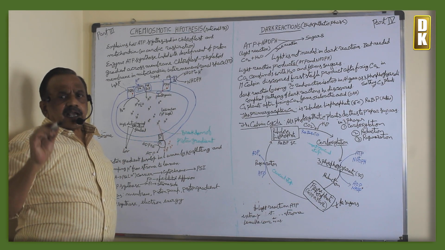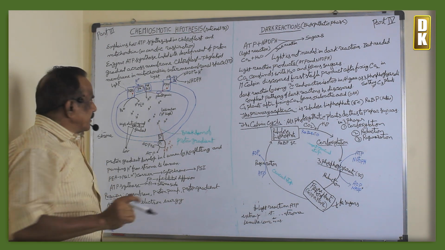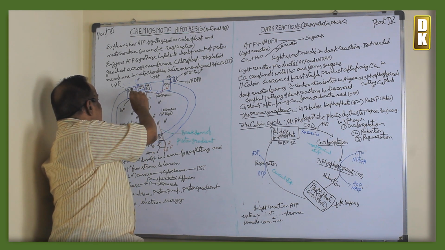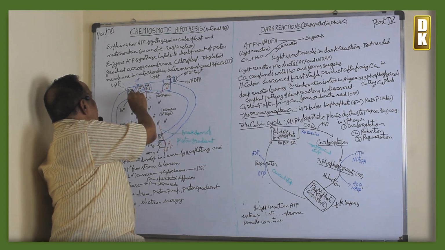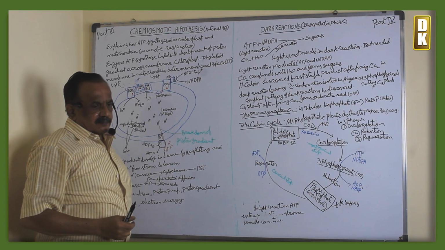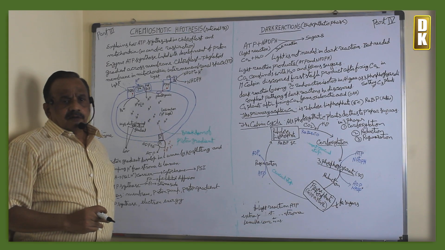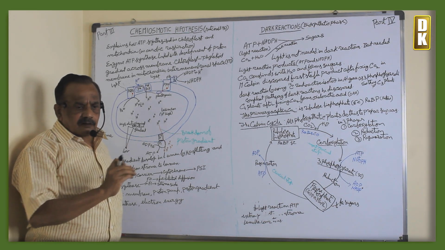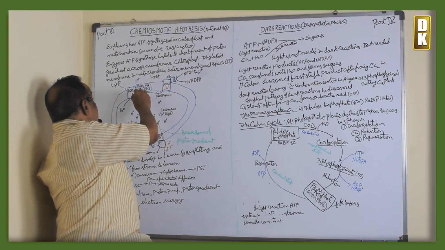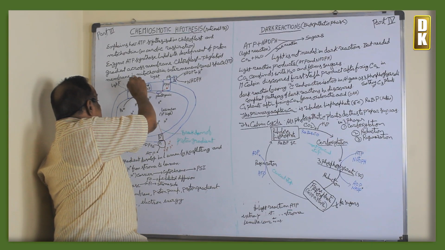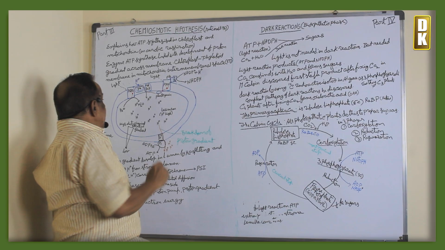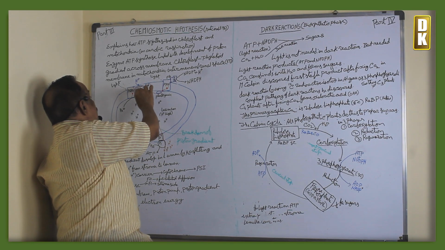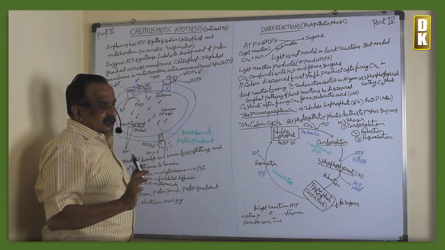The primary electron acceptor, as given in the textbook, will give the electron to the electron carrier, plastoquinone. And plastoquinone is not only the carrier of the electron. It will take one proton from the stroma, and along with the electron, the proton also moves in the plastoquinone. This is an important point.